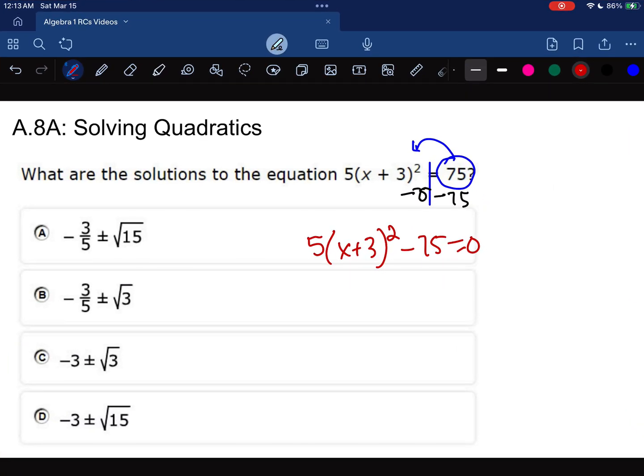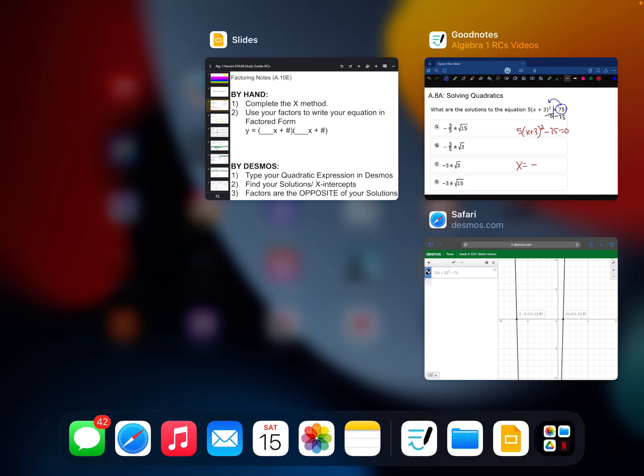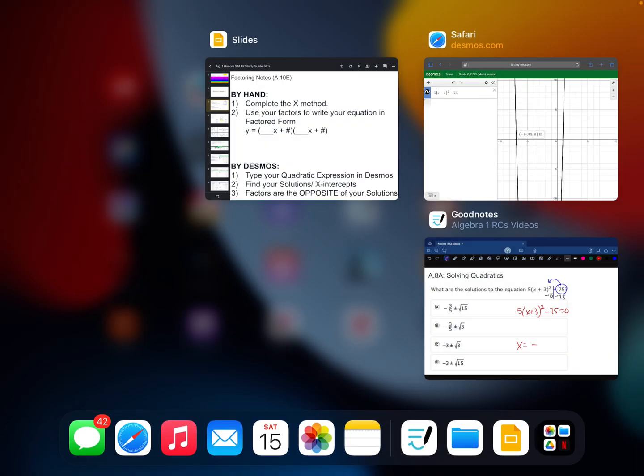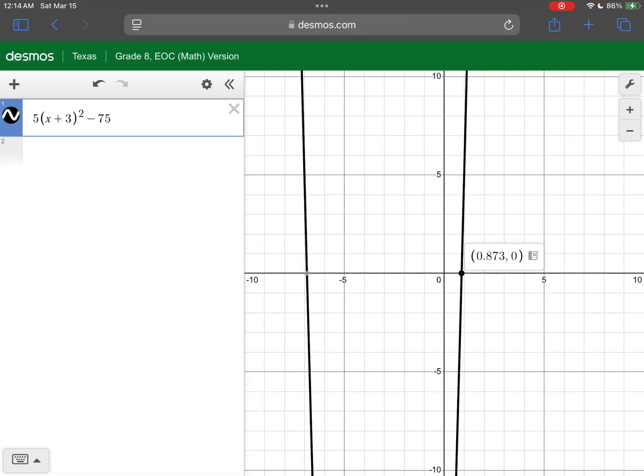So we have x equal negative 6.873, and we have x is equal to 0.873.